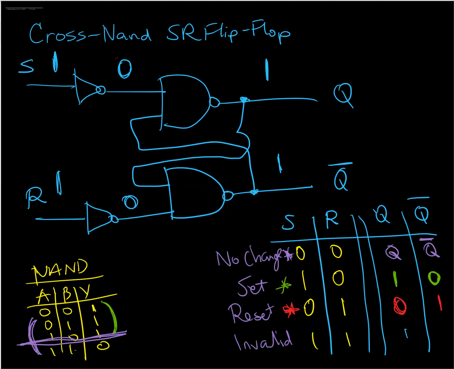So we have this invalid state. It's different than the cross-NOR invalid state, which was 2 zeros. In this case, it's 2 1s, but it's still invalid because it's the case where Q and Q bar are the same, and actually we want them to be the opposite of each other. So we call that an invalid state, and it's not used.